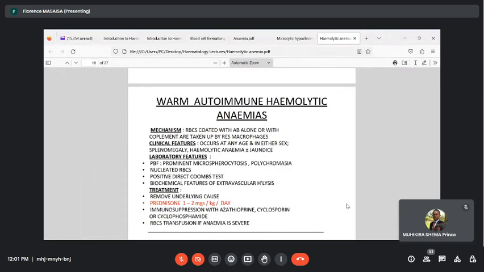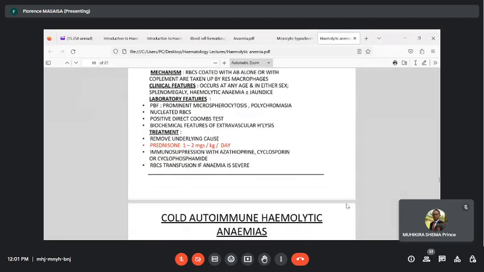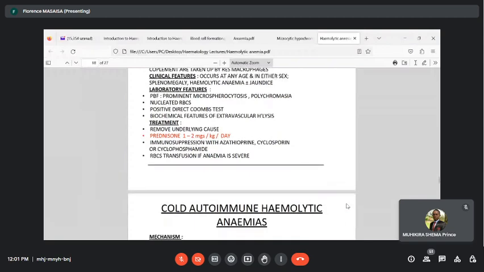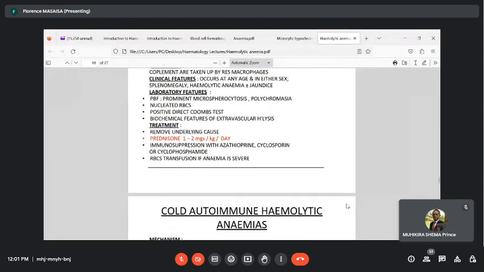Then we have features of extravascular hemolysis. The treatment is focused on removing underlying causes, but also targeting the underlying condition, like decreasing the production of antibodies. To decrease the production of antibodies, we usually give steroids.